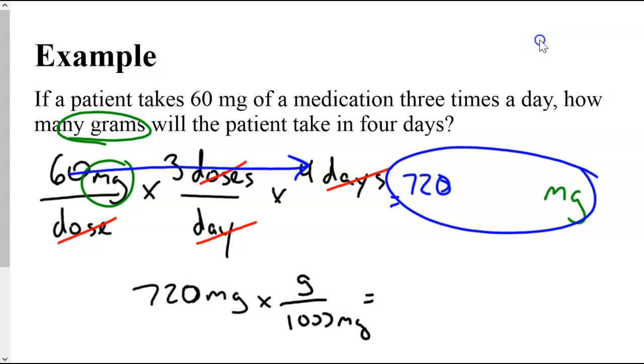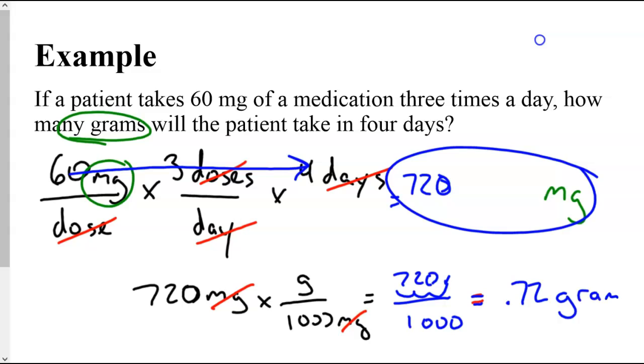And so if we now multiply straight across, we end up with 720 over 1,000. The milligrams cancels out. We move our decimal place over 3 times because there's 3 zeros here, and it's 1, 2, 3, and we end up with 0.72 grams.